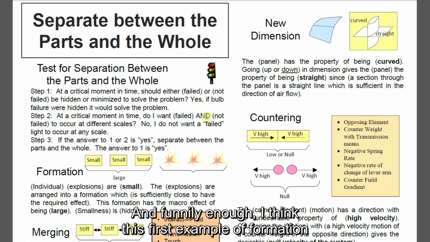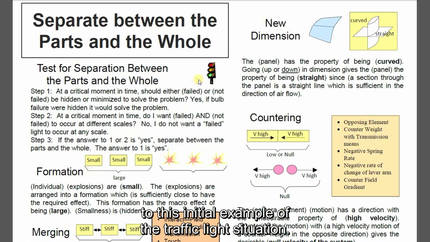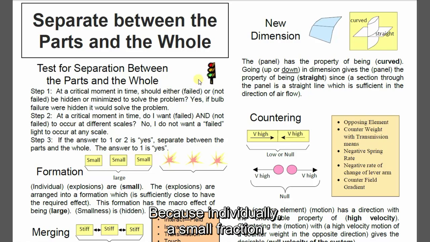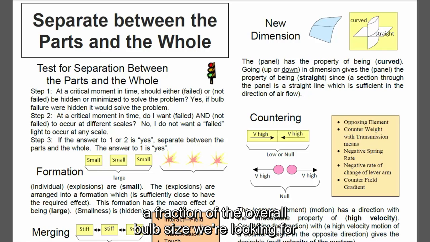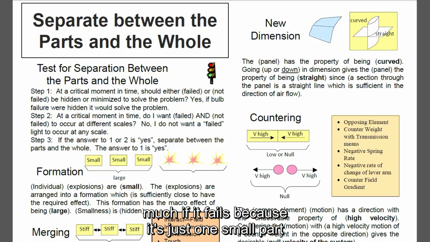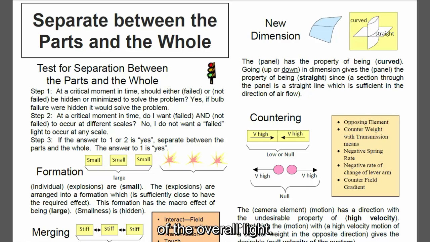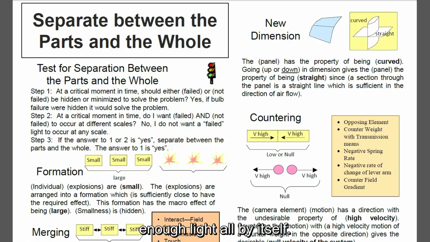And funnily enough, I think this first example of formation also gives us a potential solution to this initial example of the traffic light situation, because individually a small fraction of a light bulb that could comprise a fraction of the overall bulb size we're looking for would give us the advantage of not mattering much if it fails, because it's just one small part of the overall light, but it gives us the disadvantage of not being enough light all by itself.